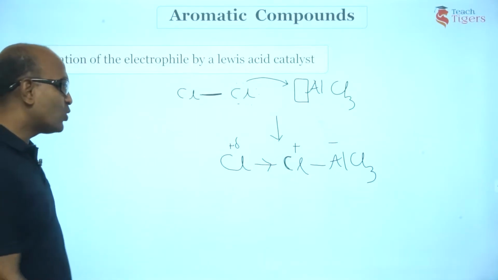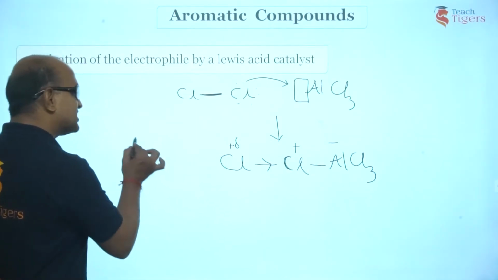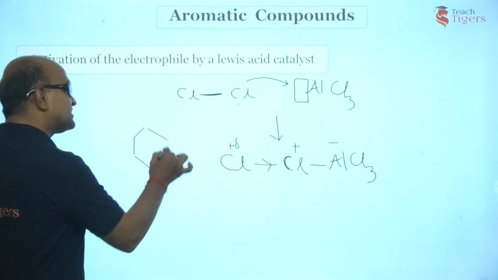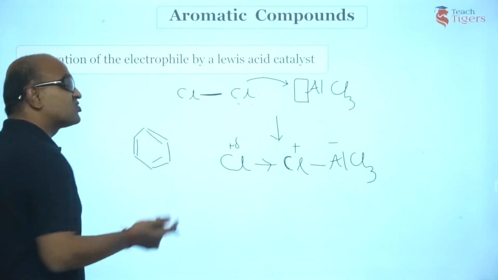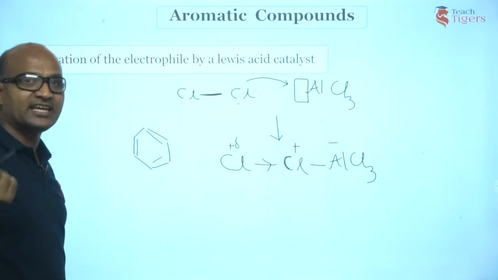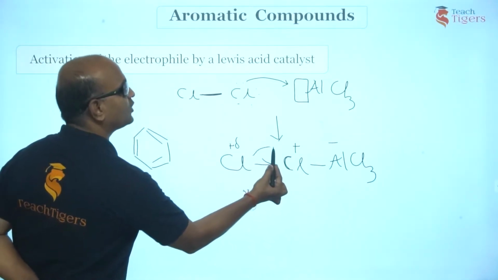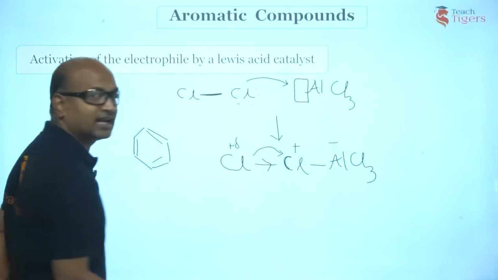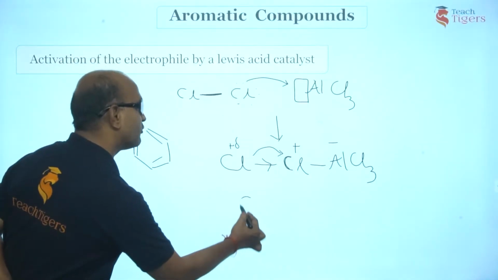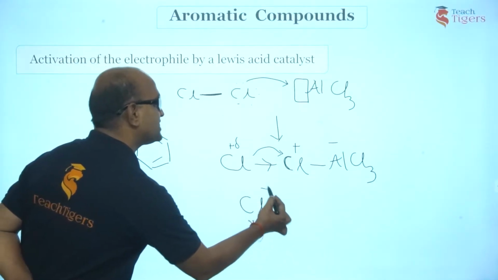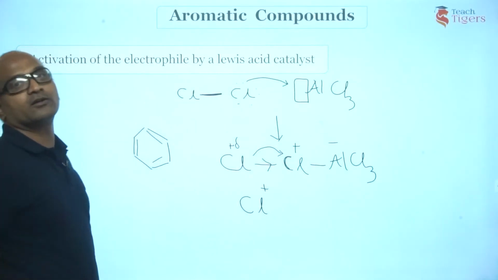Right? Now guys, you see, as soon as this chlorine sees this benzene ring, which has got high electron cloud density, then what does it do? This chlorine will give electron to this chlorine atom. Right? So what do you have, guys? You have got Cl plus. This chlorine atom has donated its electron.